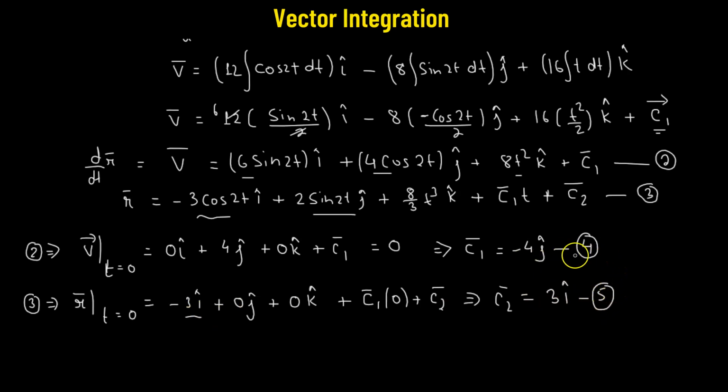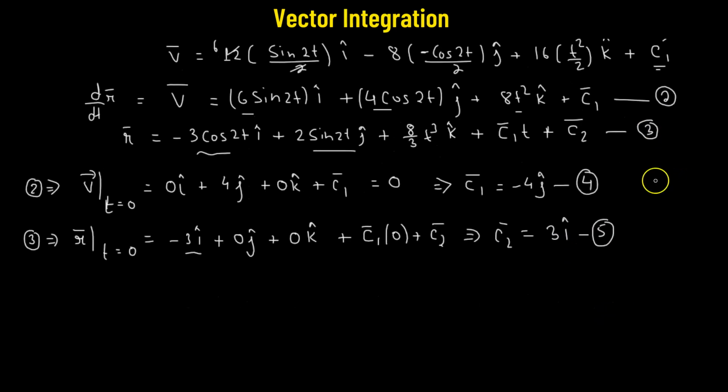Now we'll use the values from equations 4 and 5 and substitute them back into equations 2 and 3. Let's begin with equation number 2. Equation number 2 is our velocity vector, which is a function of the time parameter.